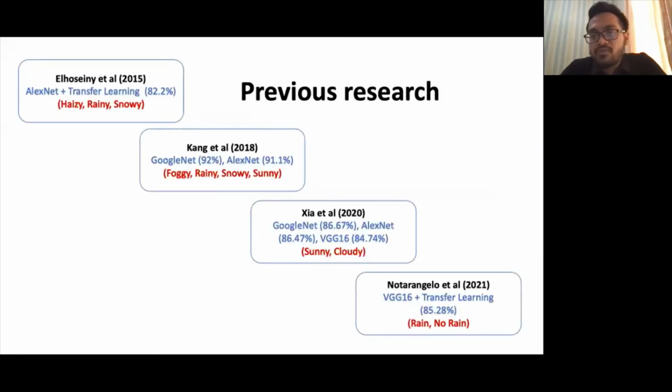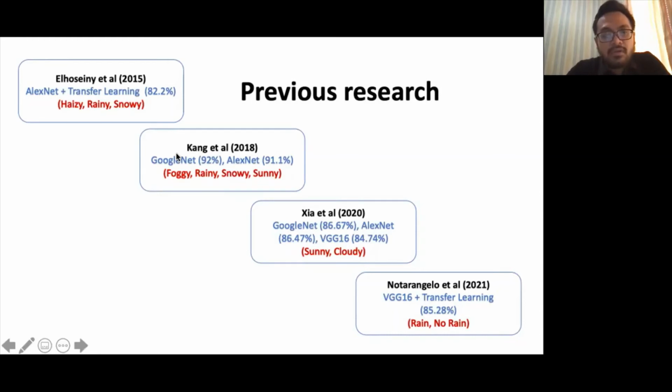The following are previous studies related to weather classification. It started with El Hosseini et al. in 2015. They used AlexNet and transfer learning, and it reached around 82.2% accuracy, implemented on three types of images: hazy, rainy, and snowy.